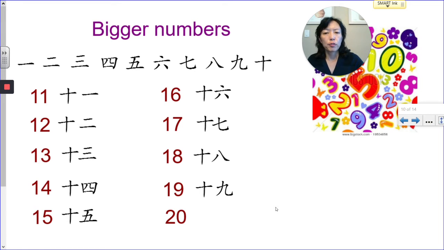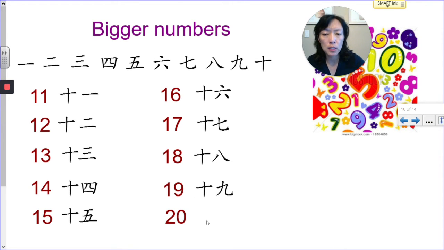Okay, for all the numbers from 11 through 19, you use the same way to make them, which is you start with a 10, and then you add the numbers on the one digit, right? So you have 1, 2, 3, 4, 5, 6, 7, 8, 9. That's for the numbers up to 19.